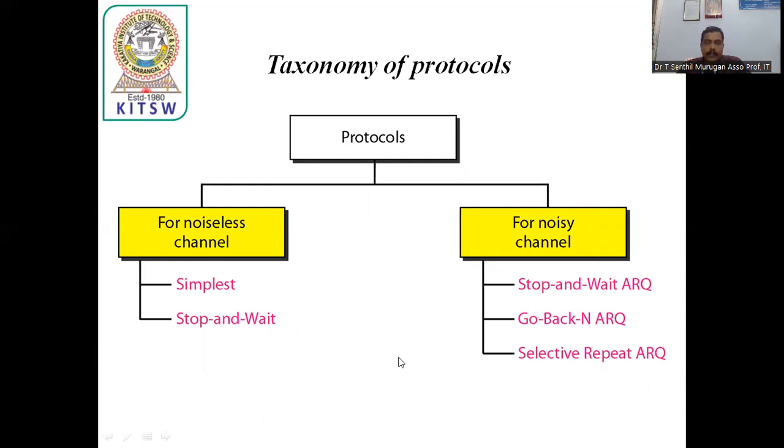Especially, we will concentrate more on noiseless channel protocols: the simplest protocol and the stop and wait protocol. And another concept is piggybacking. This concept we will discuss while discussing this protocol.